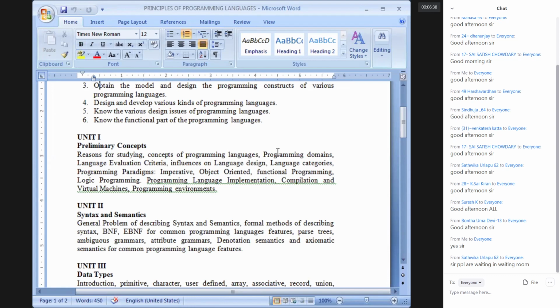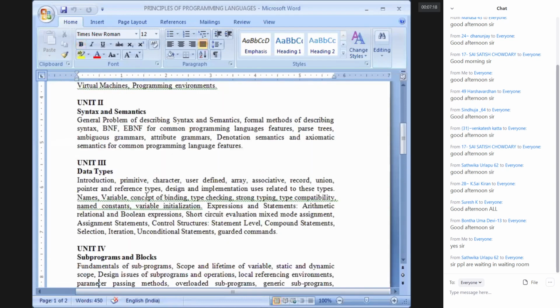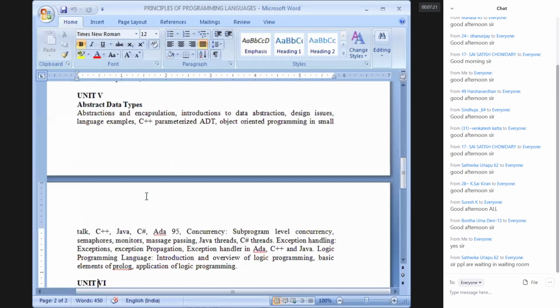And some other basic concepts: domains, language evaluation criteria, influences on programming language design, characteristics, paradigms, imperative, object oriented, functional, logic programming, programming language implementation, and the compilation process involved. So it covers many concepts available in many programming languages.